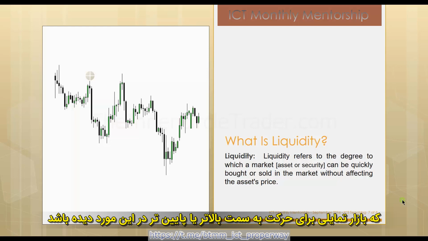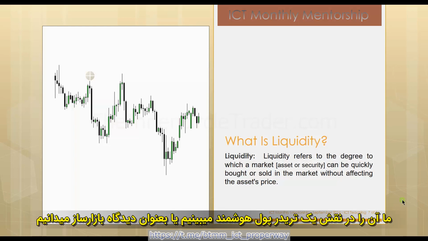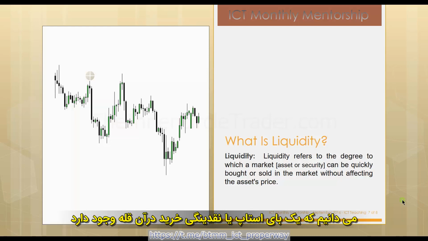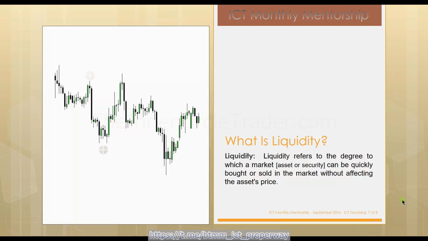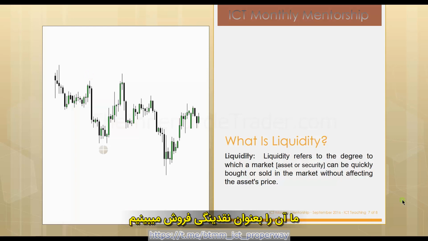In this case, we see a swing high and the market moves lower. We view that from a smart money trader or market maker perspective. We know that there's going to be buy stop or buy liquidity above that high. When we look at the lows, when the market moves away from these lows, we see that as sell liquidity.